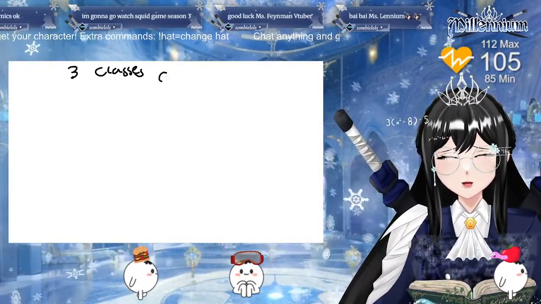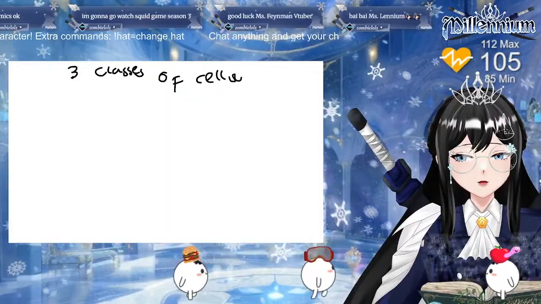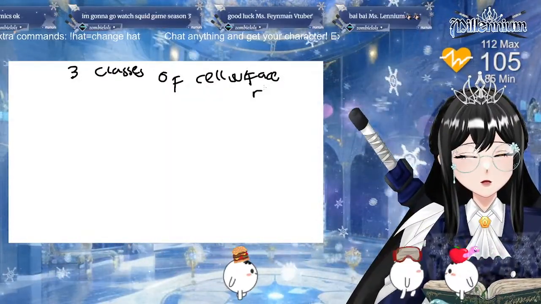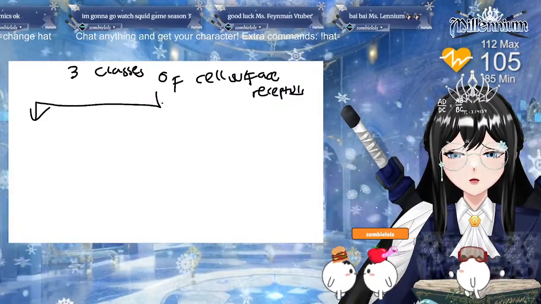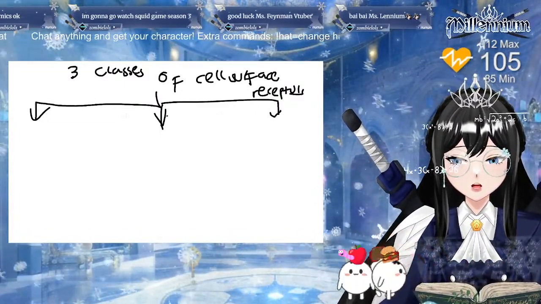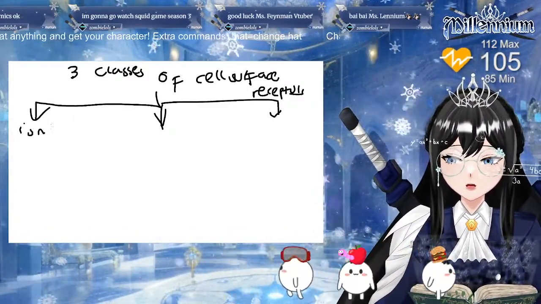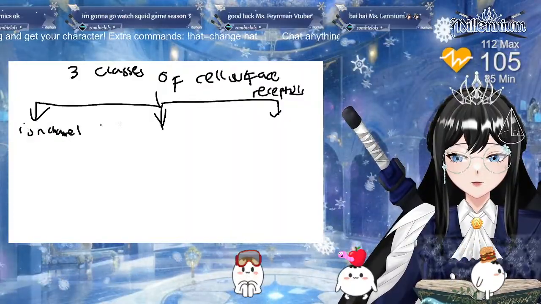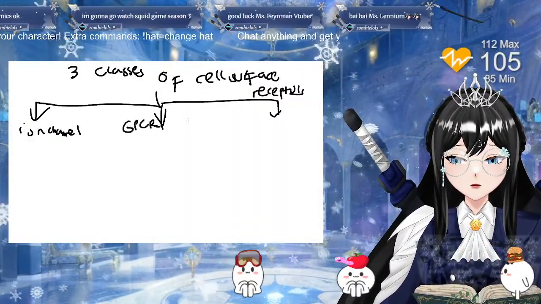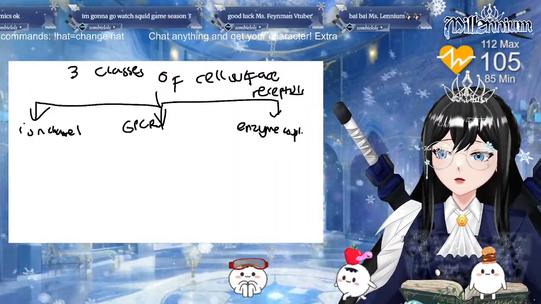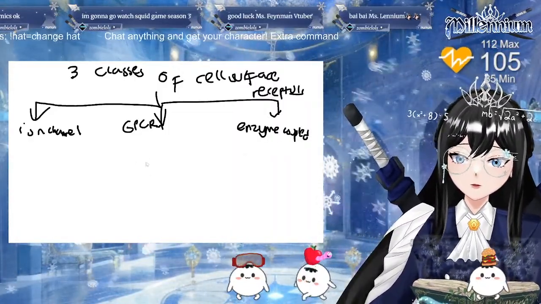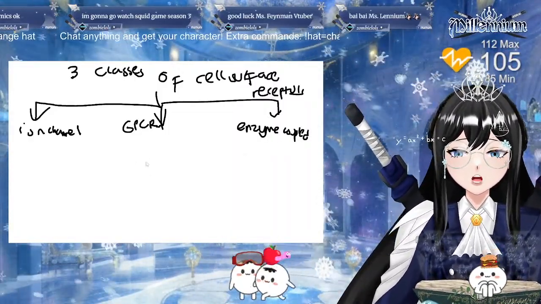Three classes of cell surface receptors. You have the ion channel, GPCR, and enzyme coupled. So it's ion channel, GPCR, and enzyme coupled. All right, that works.